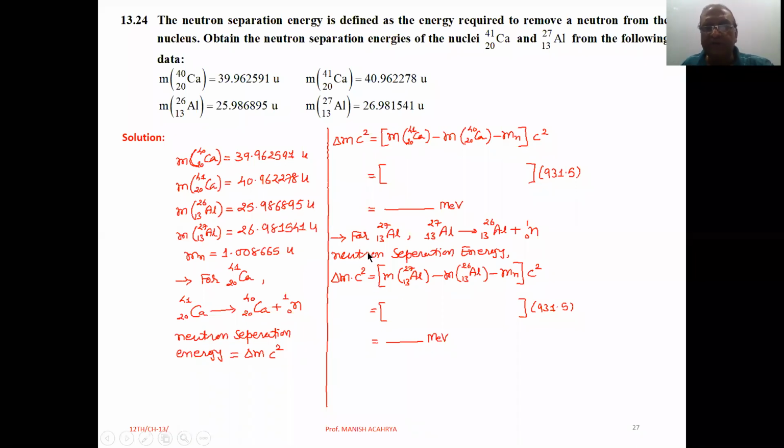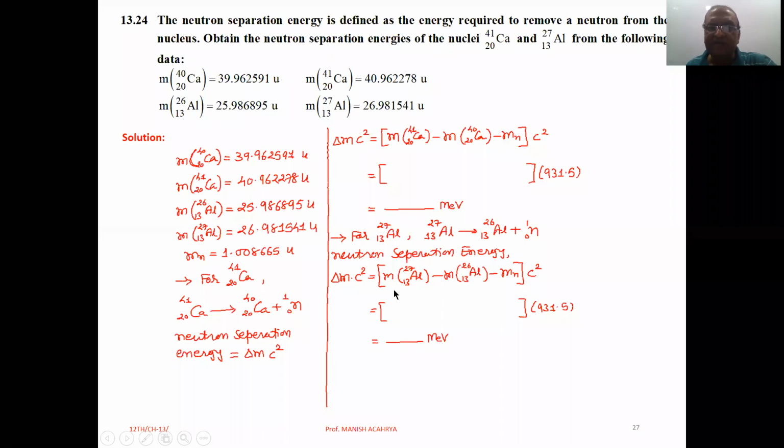Then after, for 13Al27, first prepare the reaction. So 13Al27, neutron is released, will get daughter nuclei, that is 13Al26. So again we can write the neutron separation energy delta m into c square, delta m the mass defect.